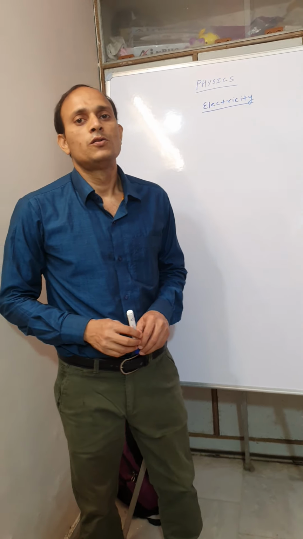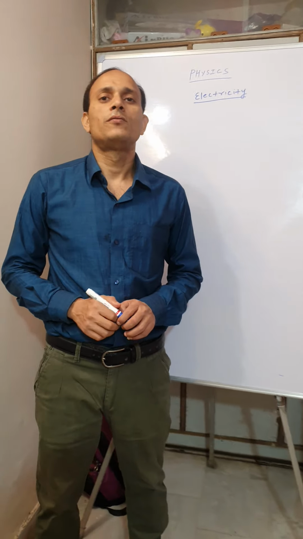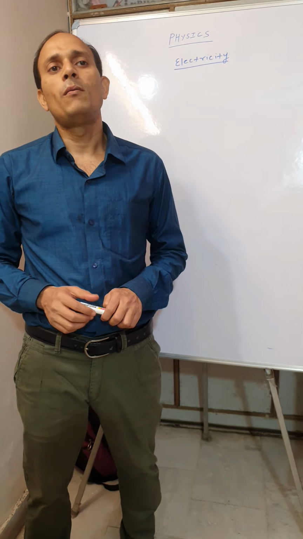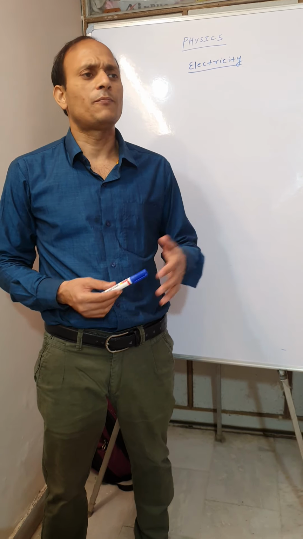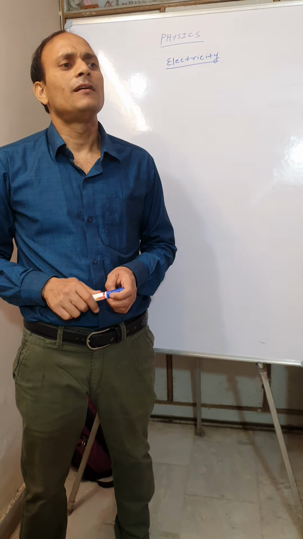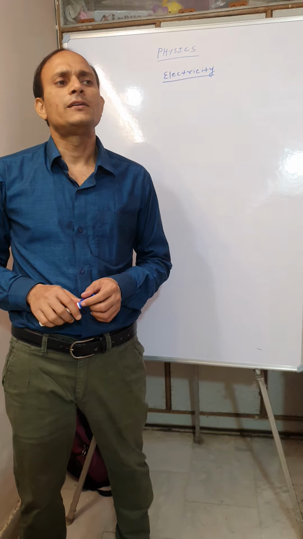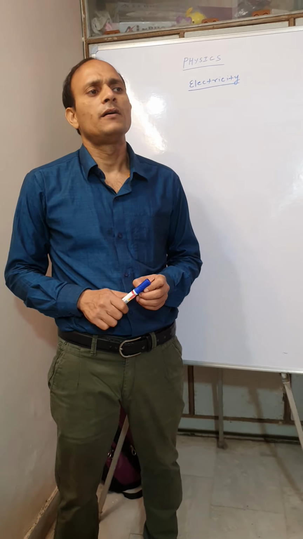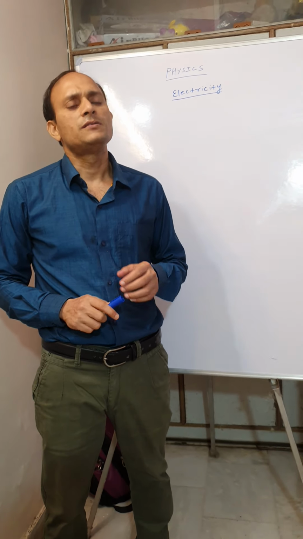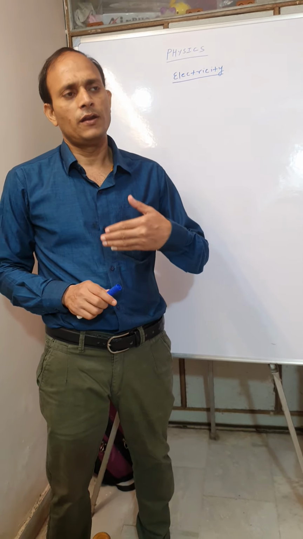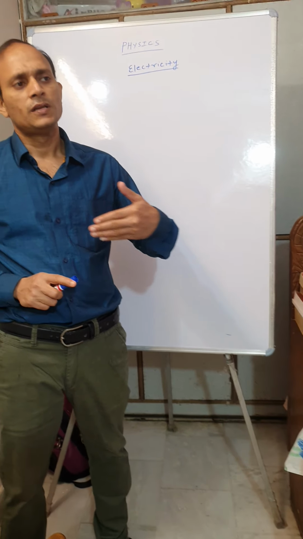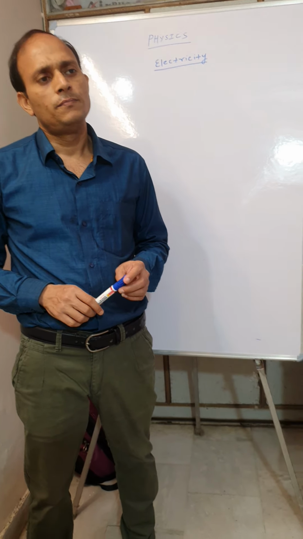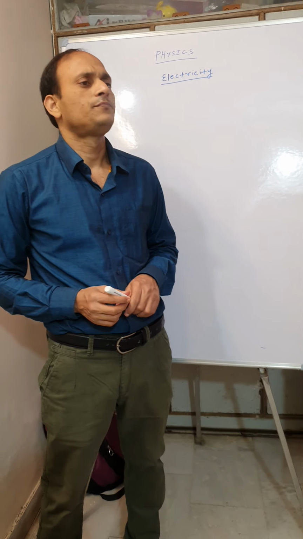Okay, so in the last class we discussed electric current. We discussed a modular problem on electric current, some basic problems, and then we discussed how the electric charges, when they flow in a conductor, are obstructed by the materials of the conductor.